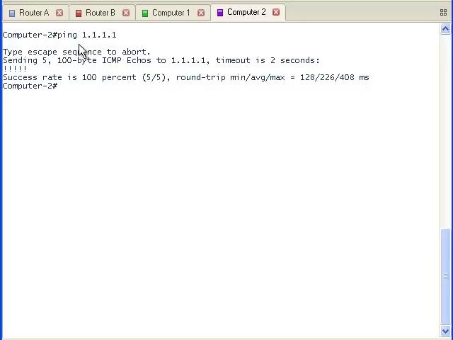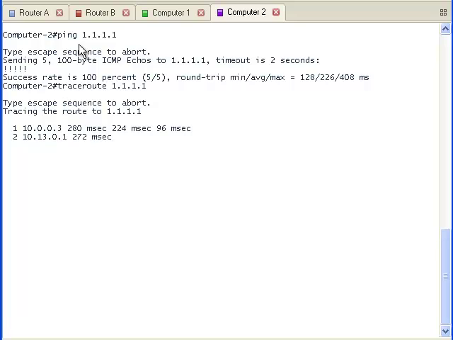And when we go over to computer 2, we see that it is also able to connect to the internet. And the trace route shows that it is using router B.